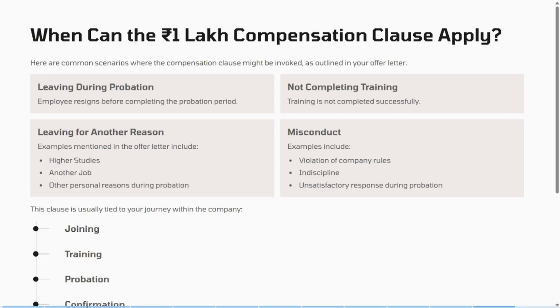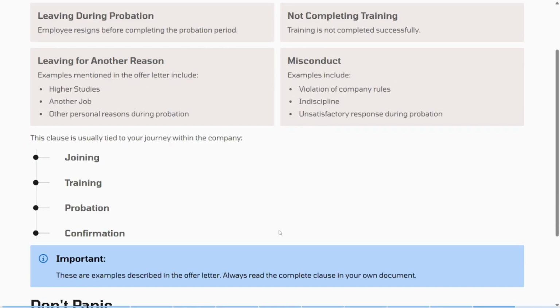Don't just read the one sentence, read the entire section carefully because the company explains the context around this clause. If anything is unclear, don't rely on WhatsApp messages or any random social media post. Contact the company and send them an official mail and ask for clarification.